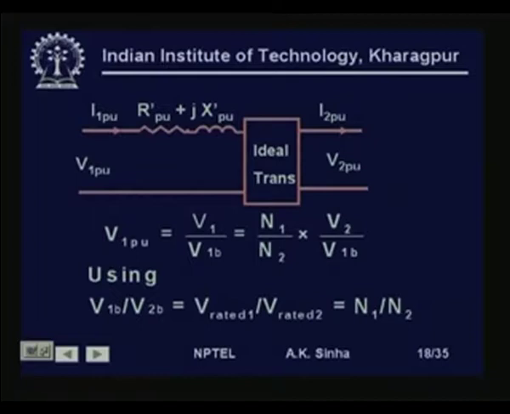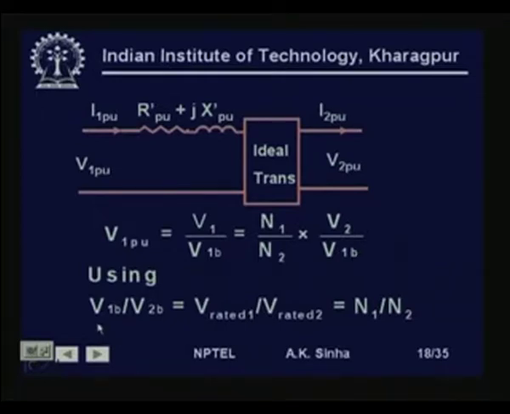Now, if you look at this circuit diagram, then we can write V1 per unit is equal to V1 by V1 base, which is equal to N1 by N2 into V2, because V1 is equal to N1 by N2 into V2, and this divided by V1 base.